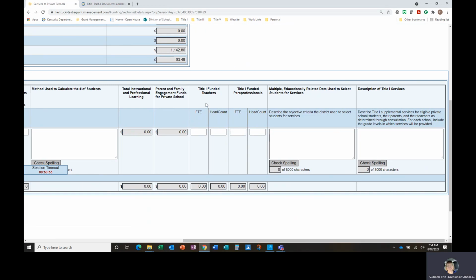The Title I funded teachers and paraprofessionals columns function exactly like we've covered in the Personnel Details District-wide page video and the School Personnel and Program Description page video. You'll enter the head count and FTE where applicable. Remember, head count is a whole number, and FTE represents the portion of the salary being paid with Title I funds.